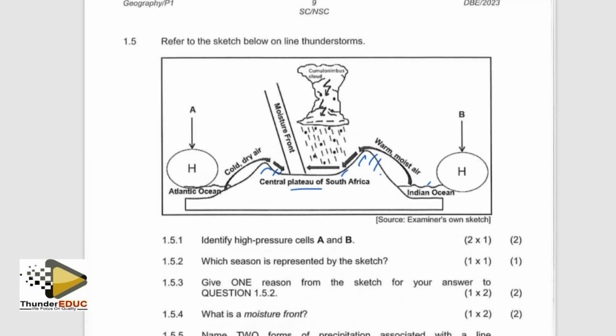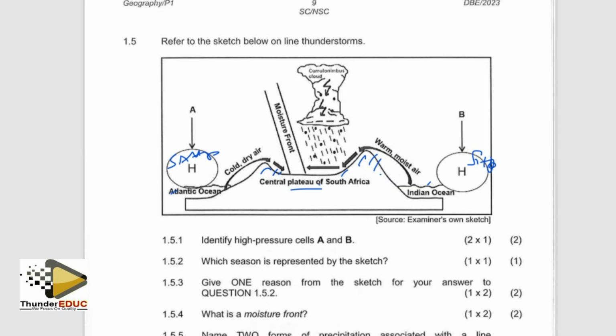There is an anticyclone here and an anticyclone here. So there is air leaving this side coming to the interior, and air leaving this side coming to the interior. Since this is the Atlantic Ocean, this is going to be the SAHP, South Atlantic High Pressure. And this is the South Indian High Pressure. So remember, learners, you don't look at the questions immediately.